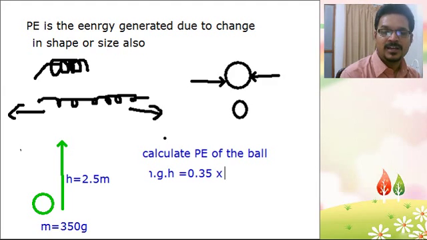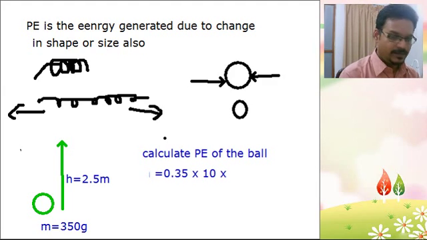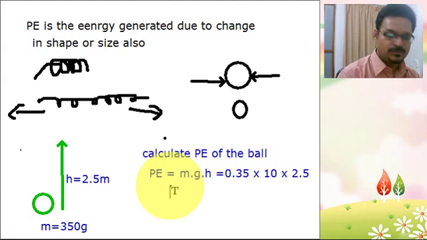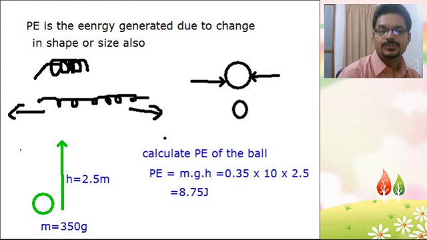Acceleration due to gravity is always 10 meters per second square, into height 2.5. Now if you simplify this, you get the answer 8.75 joules. This is the amount of potential energy gained by the body when it goes to a height of 2.5 meters.